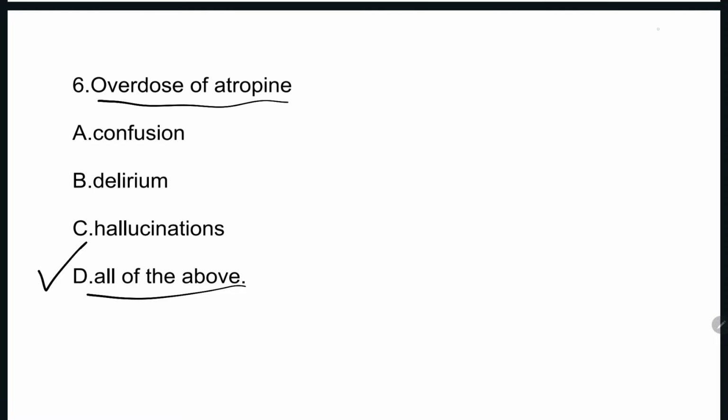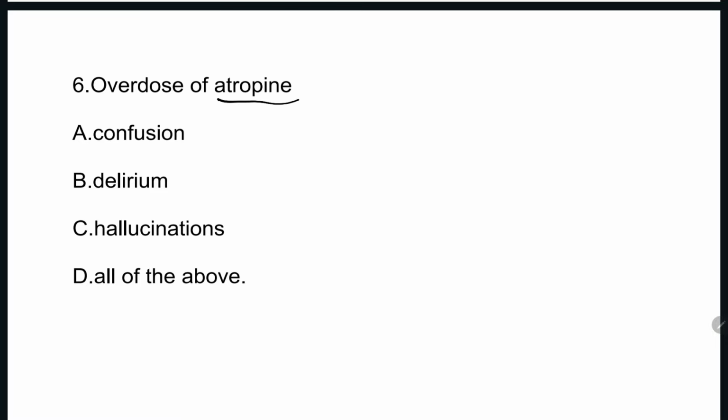So firstly, what is the use of atropine medication? We can use atropine in many conditions like poisoning, such as organophosphorus, okay, and also carbamate insecticides. So in these conditions we can give the atropine injection to the patient.